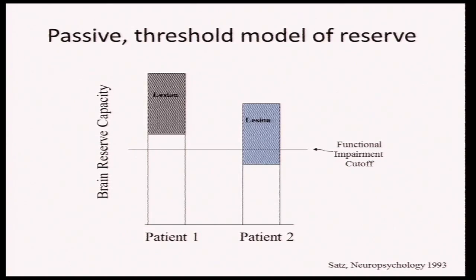He introduced this concept of brain reserve capacity. What he tried to show is that if two people have differing amounts of brain reserve capacity, the person with less capacity cannot tolerate a lesion the way that someone with more capacity could. So patient one can tolerate a lesion, not be below this functional impairment threshold, whereas patient two could not. It's a very passive form of an idea of brain reserve.